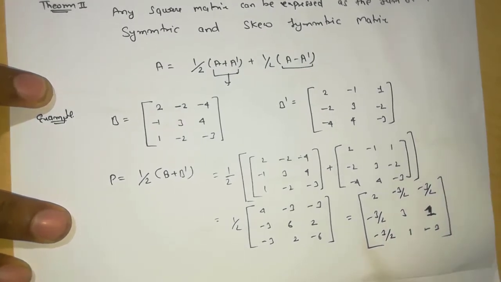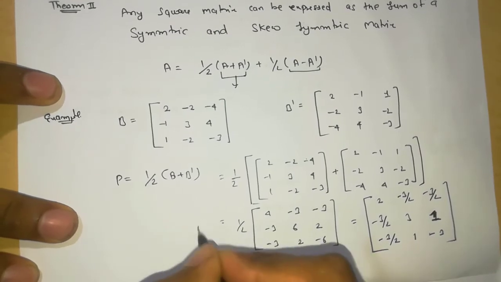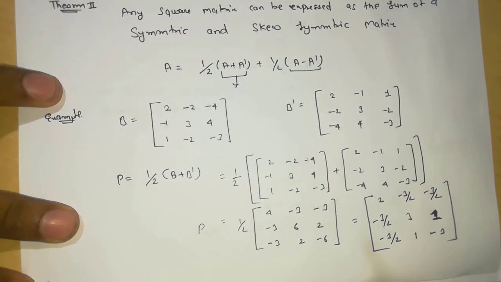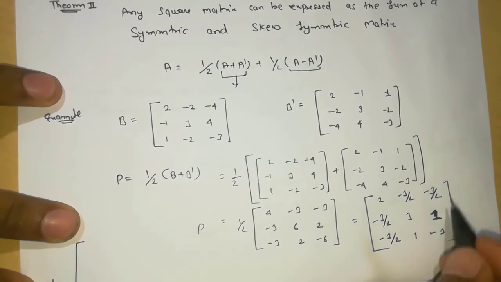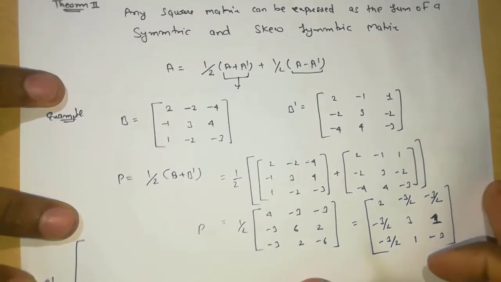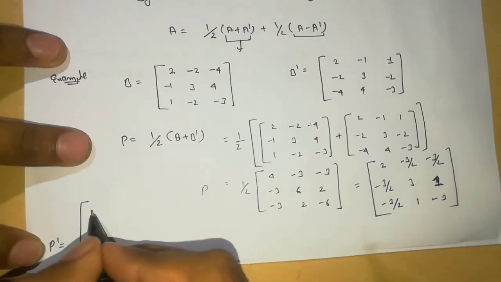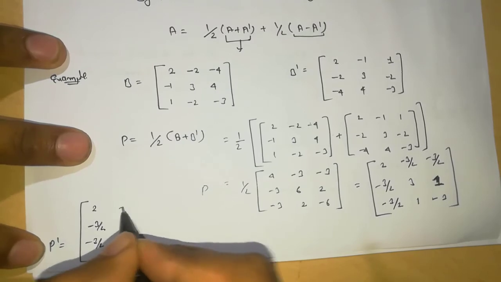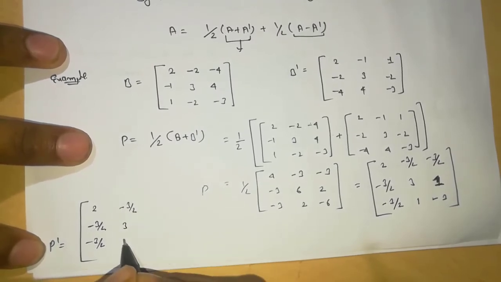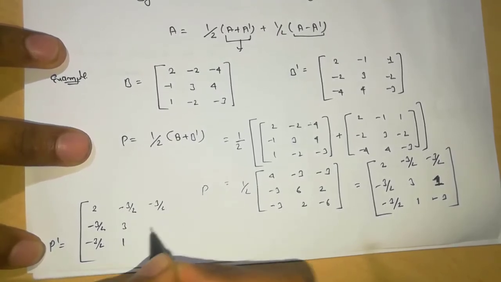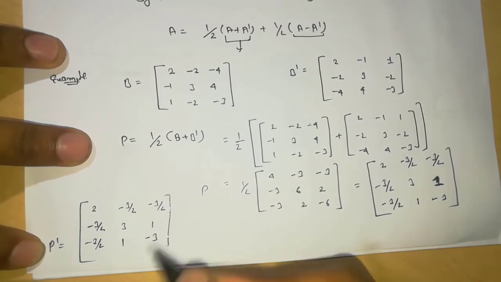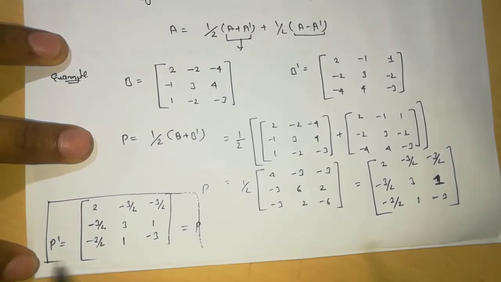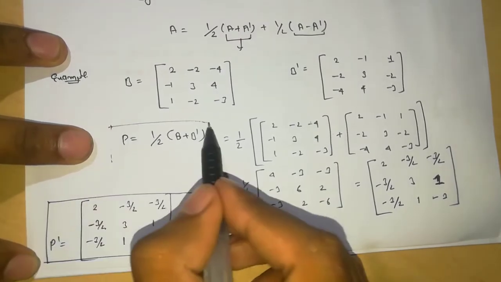Now this is the part of the symmetric matrix. Let P be equal to 1 by 2 (B plus B dash). It means 1 by 2 of matrix B, which is 2, -2, -4, -1, 3, 4, 1, -2, -3, plus B dash, the transpose of matrix B: 2, -1, 1, -2, 3, -2, -4, 4, -3.